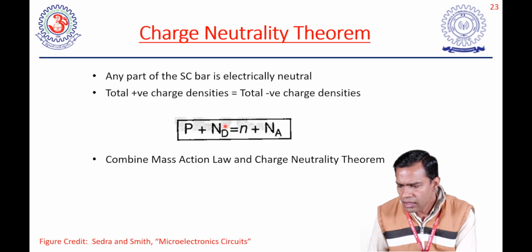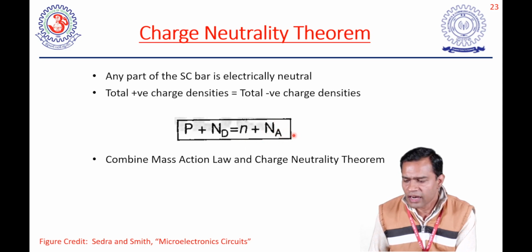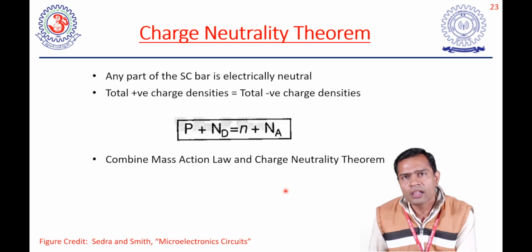Here Nd indicates the number of donor atoms, D for donor, and Na indicates the number of acceptor atoms, A for acceptor. Always the left side is total positive charge and the right side is total negative charge. The charge neutrality theorem says charge cannot be produced or destroyed, so total positive charge is equal to total negative charge.